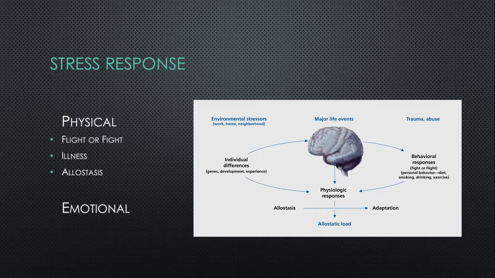So, this is an explanation for why a lot of individuals that live in poverty may have more mental health issues as well as physical health issues because they're experiencing a lot more stress than someone that's in a more comfortable and stable setting.